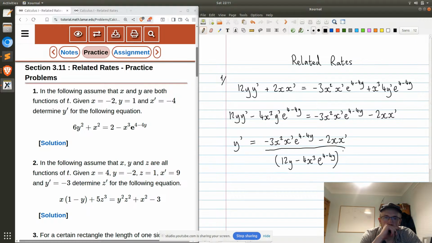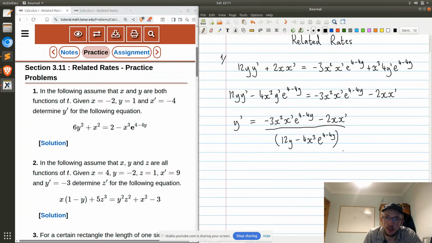Now, I guess we just sub. So y prime, let's see, squaring that, we get 4, so it would be minus 12.